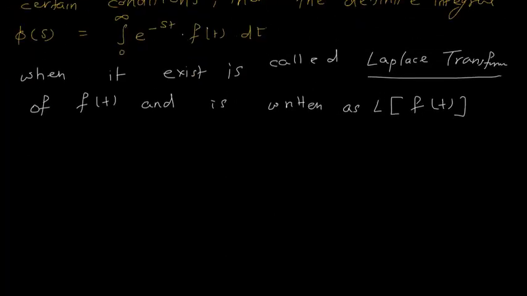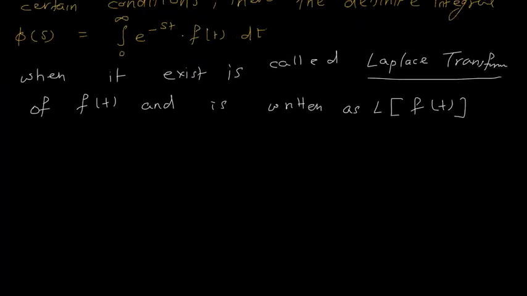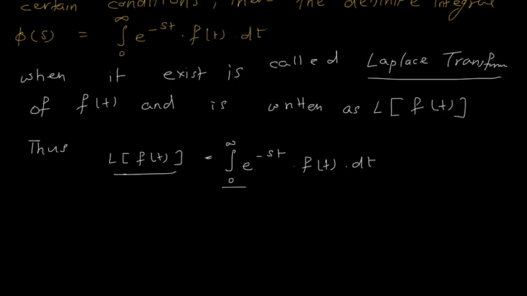So thus we will say Laplace of f of t is equal to 0 to infinity e raised to minus st into f of t into dt. So this is the basic definition of Laplace transform.